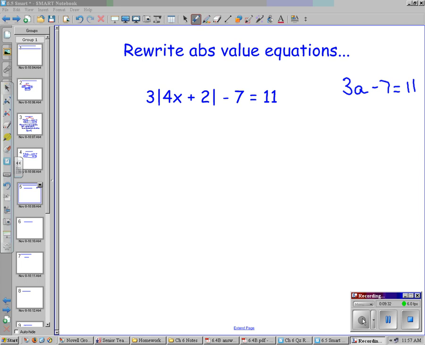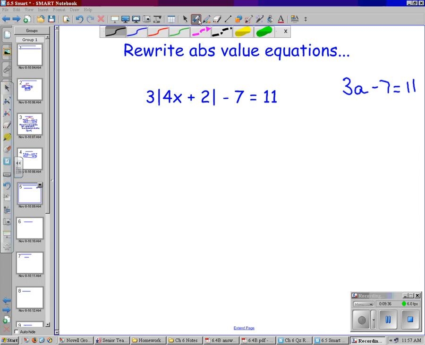You're going to go backwards through your order of operations. Well, please think of this absolute value of 4x plus 2 as an entire grouping that has to stay together like that a. So the first thing we have to do, Jake, is add 7.